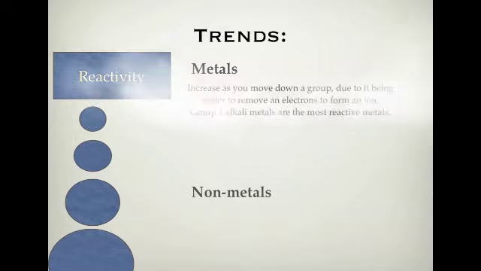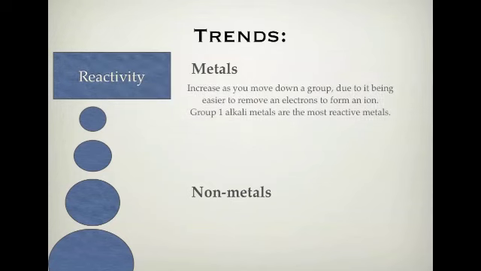So a more reactive metal is one where it's easier to lose an electron. As you're moving down a group, the reactivity of metals increases. This is because it's easier to remove an electron from the element to form an ion.